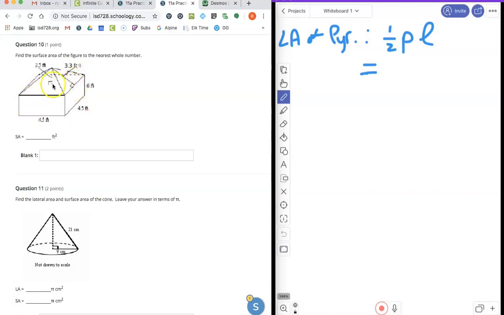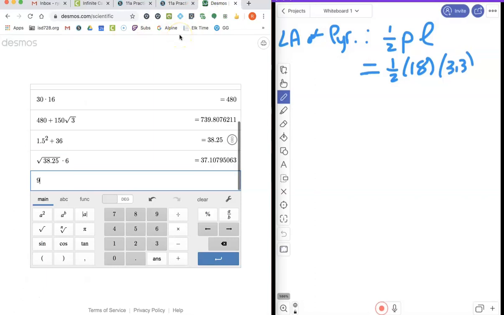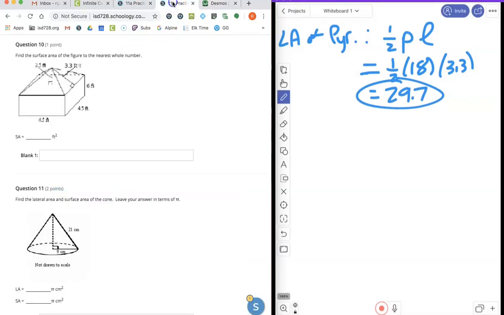That adds up to 9, or if you do 4.5 times 4, the perimeter is 18, and then the slanted height is given to be 3.3. So we're basically doing 9 times 3.3, and we get 29.7. So that is one of the numbers we need for the end. So that's all of the triangles areas added up.